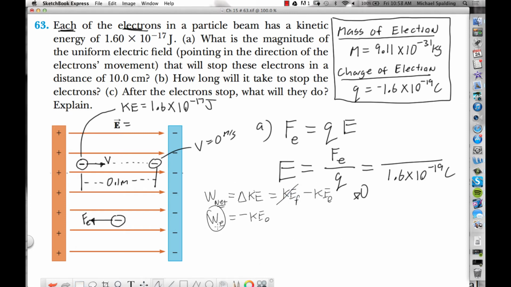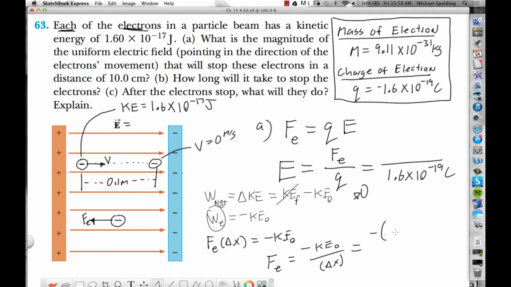Okay, so the work of the electric field is going to be force of the electric field multiplied by the displacement equals negative kinetic initial. So the force of the electric field is going to be negative kinetic initial over delta x.